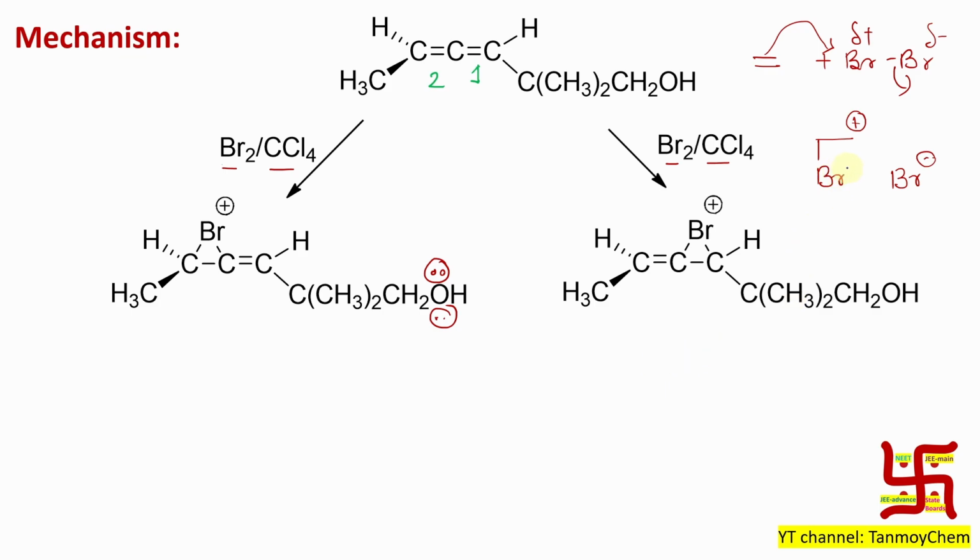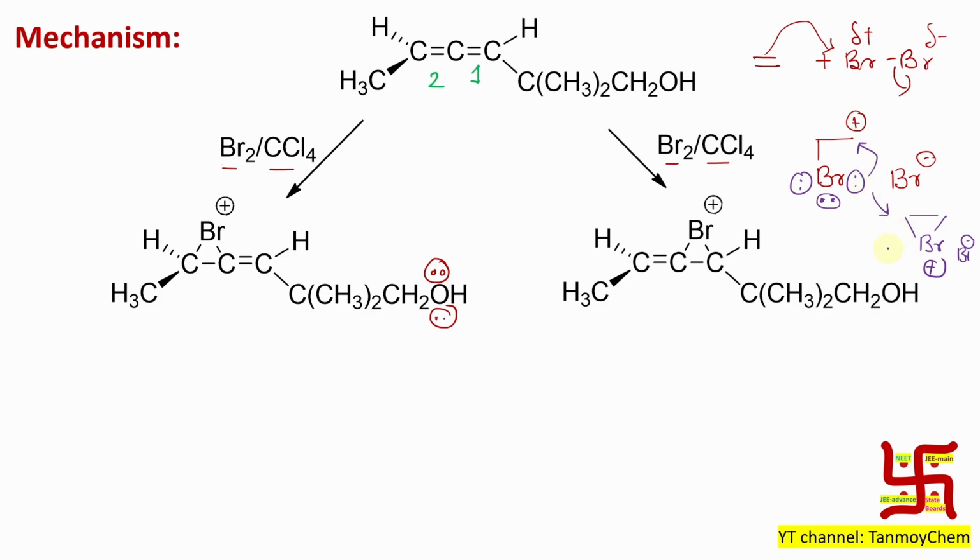So in the next phase, what happens? There are 3 lone pairs on this bromine, so one of them can attack here and result in a 3-member ring, which we call a bridged bromonium ion. You may think like that: this bromine formed a bridge between the 2 carbons. Now you may ask one question: sir, instead of that, this bromine can attack there.